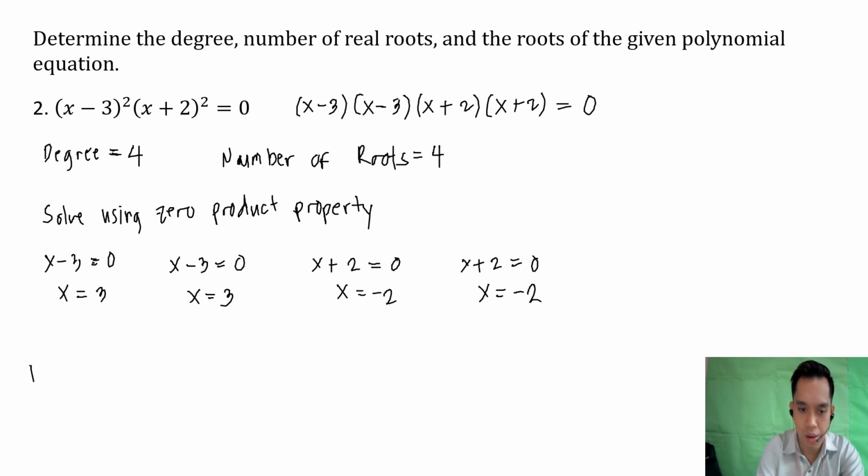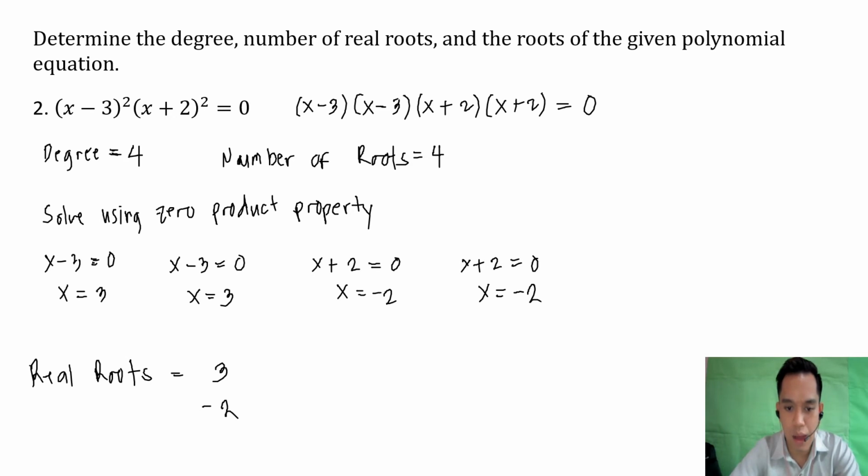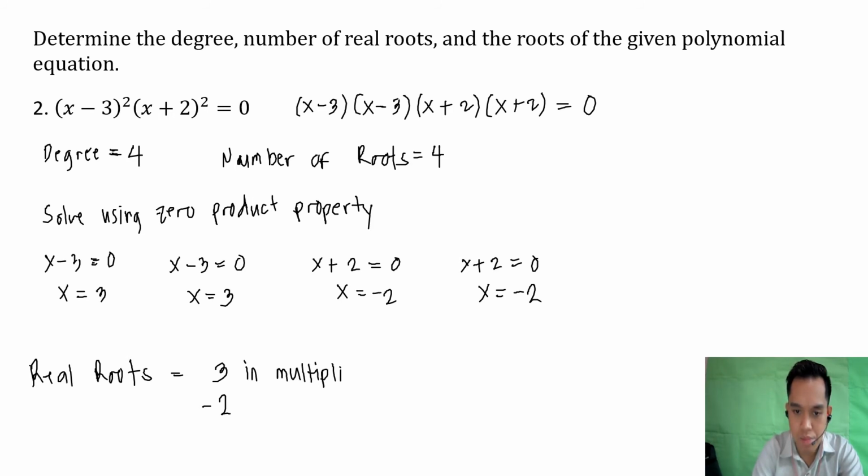So the real roots are, paulit-ulit lang yung 3 at saka negative 2. Okay, so we have a 3 and negative 2. Since dito class is dalawa yung ating 3, the root here is 3 in multiplicity 2, kasi dalawa yung ating 3.